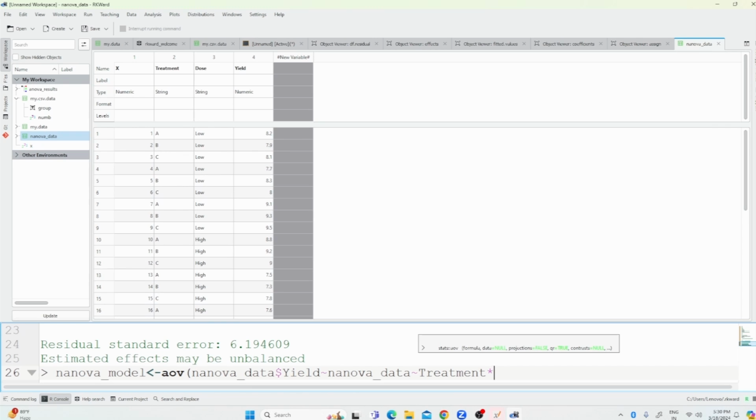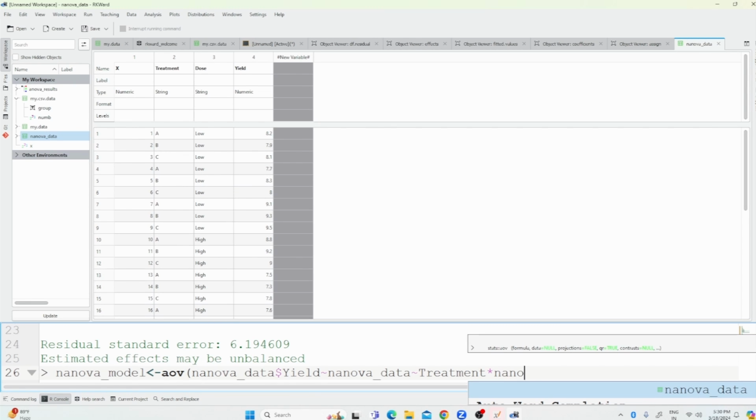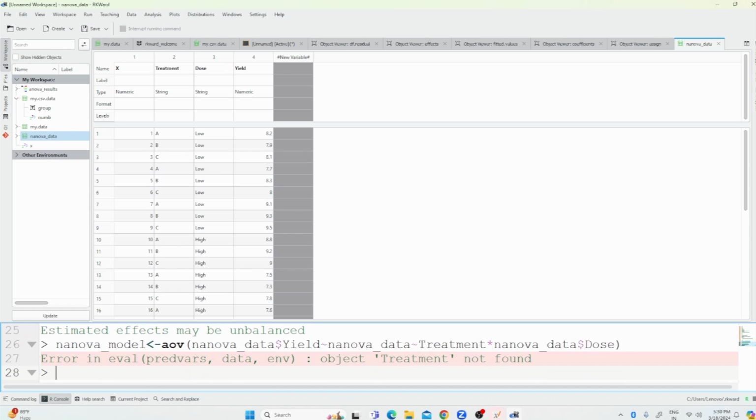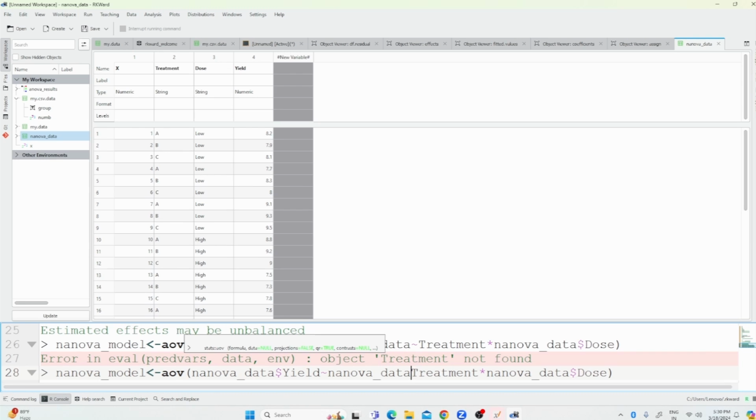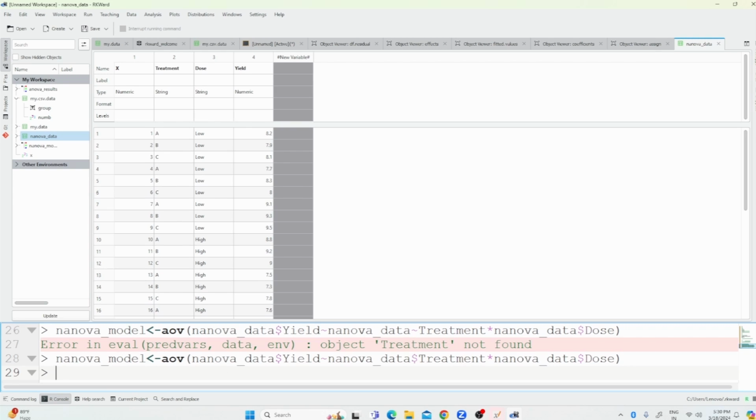Star nANOVA underscore data, dose. Okay, there is one error. It is this way. Yeah. Okay. Now see, the nANOVA model has been created here, and now we will see the summary.